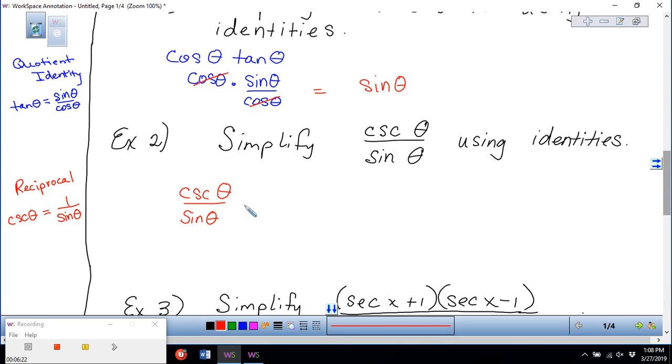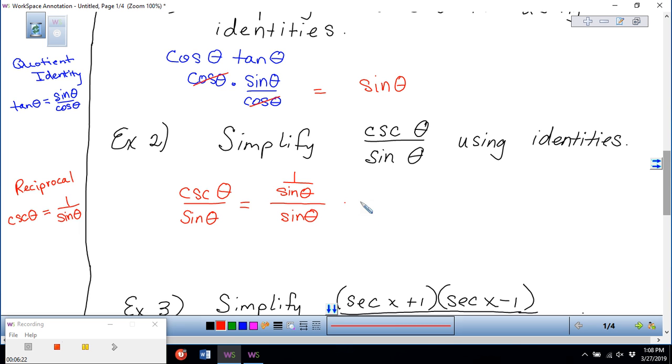Now the sine of theta in the bottom is not impacted at all by me replacing cosecant of theta with 1 over sine of theta. So I still have sine of theta in the bottom of my fraction. Now you'll notice that I have a fraction divided by sine of theta. So within my fraction I have a fraction.